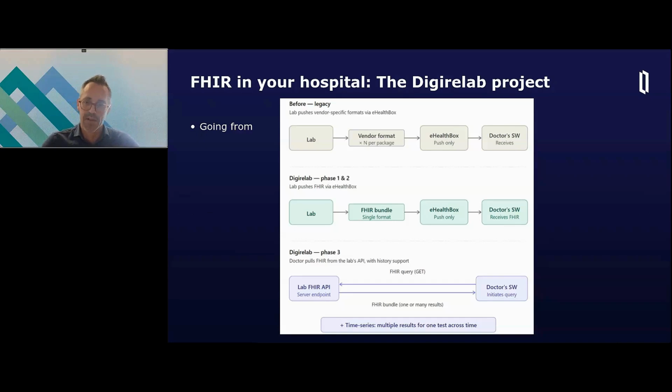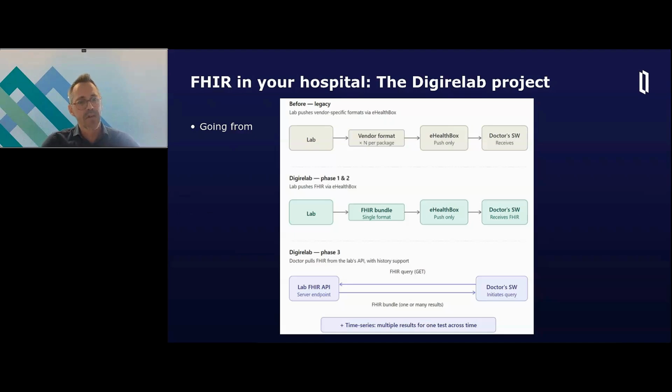And then the doctors are connected to that platform and they can receive the FHIR, and their software should be able to interpret it. So that's the first step. So you could already today catch these FHIR bundles in your hospitals coming from the lab and do operational management on them if you want. It's a very easy step.